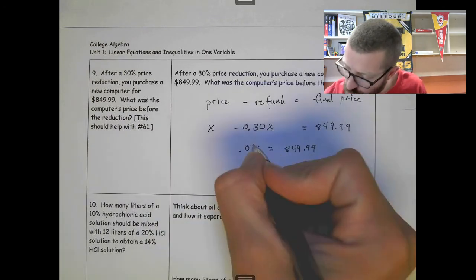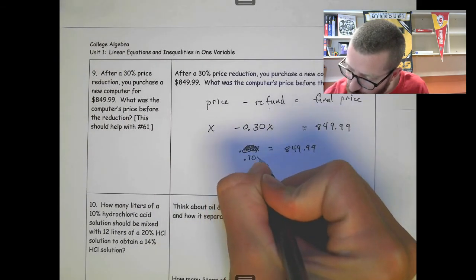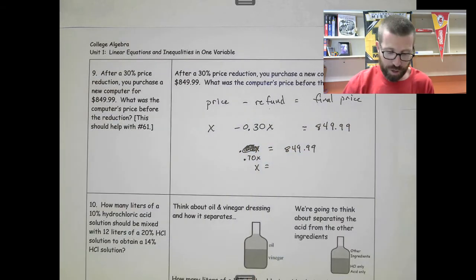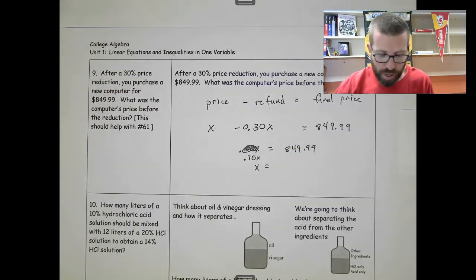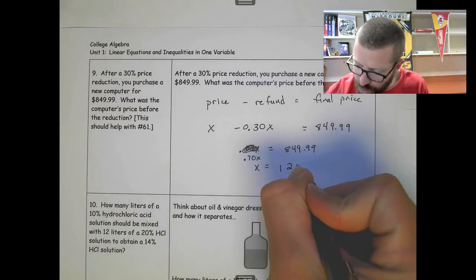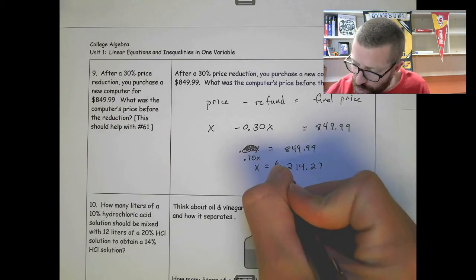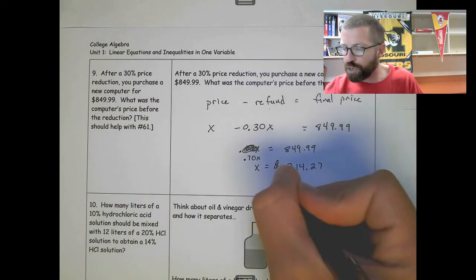Sorry about that. That's 0.70x for 70%. And you get the original price of $1,214.27.